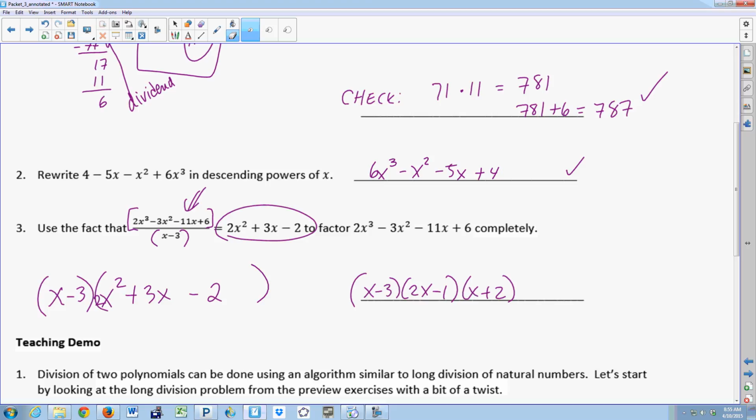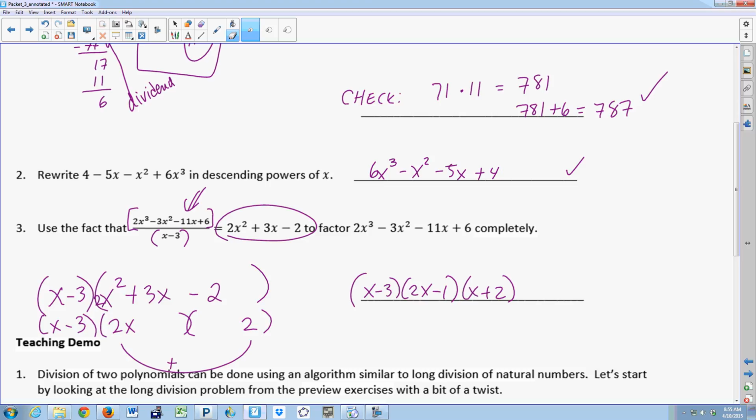So I look at my second factor here. It's a second degree polynomial expression. It's a quadratic expression. It's not anything to be solved. There's no equal signs here. And I say, are there factors of 2 and 2 that differ by 3? And the answer is yes, 4 and 1. So 2x times 2 will give me 4x.